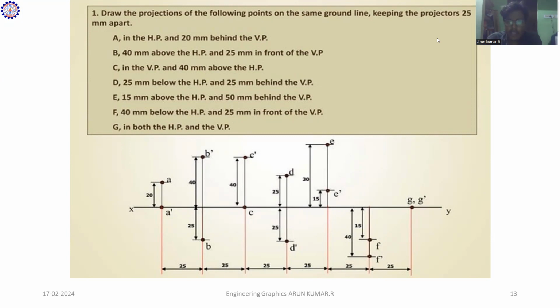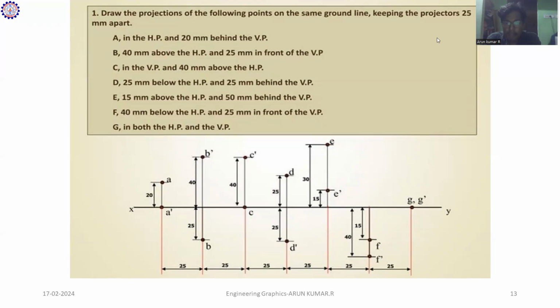Okay, let's move to one problem. A is in HP and 20 mm behind the VP. So the point's name is A. In HP means we represent it as a, and A dash.